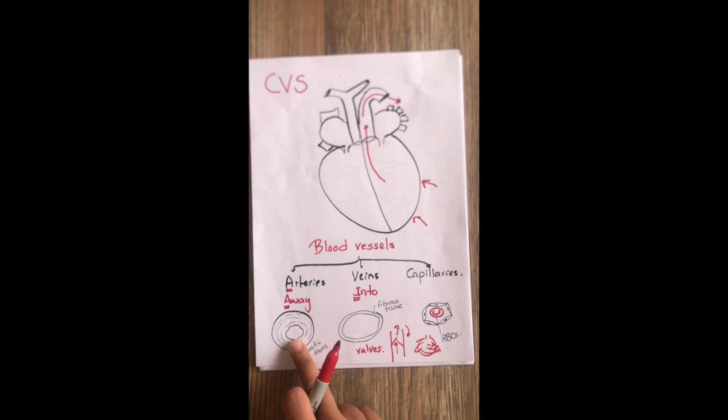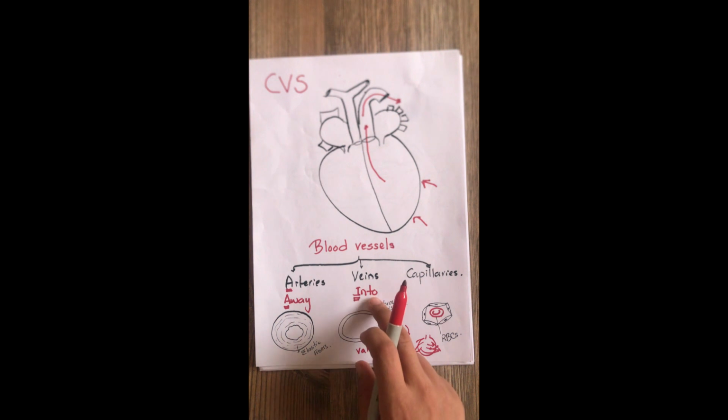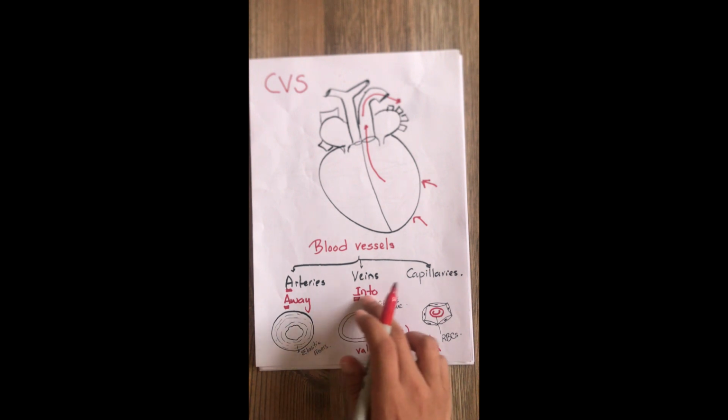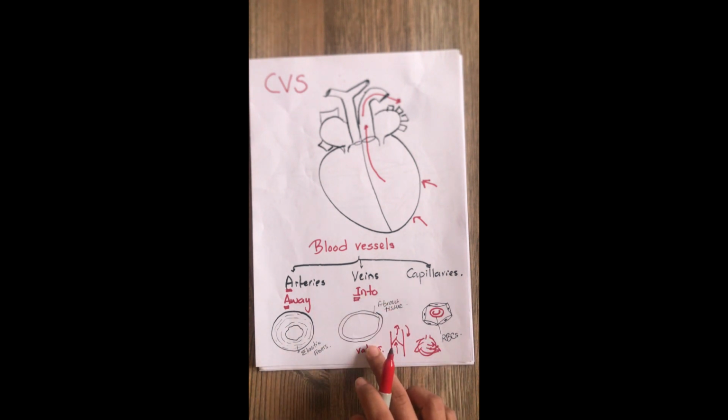This is an artery. How about veins? Veins are almost the opposite to arteries. They carry blood into the heart. This is number one. And when we talk about their structure, they're composed of very thin walls, mainly fibrous tissue with little muscle.